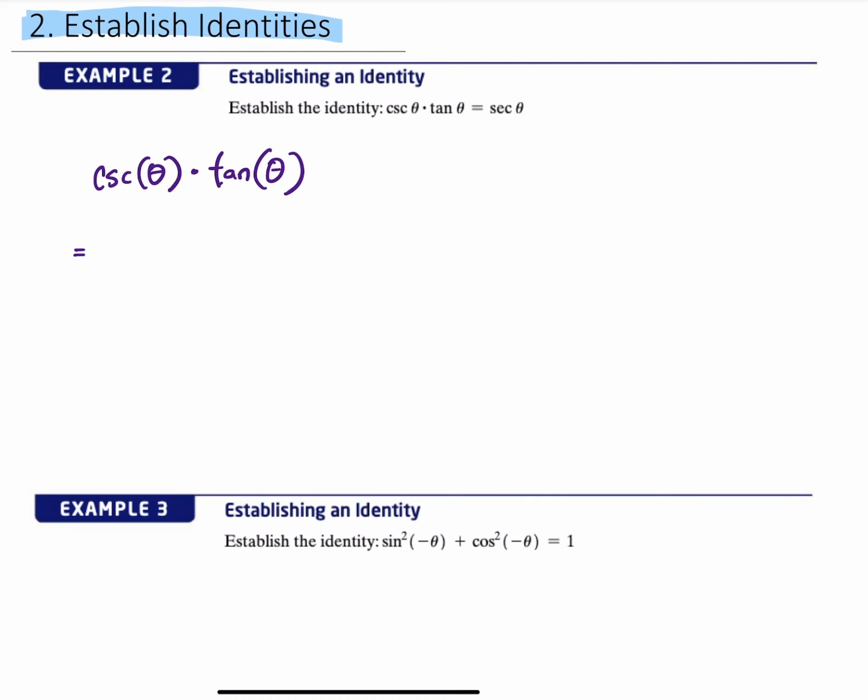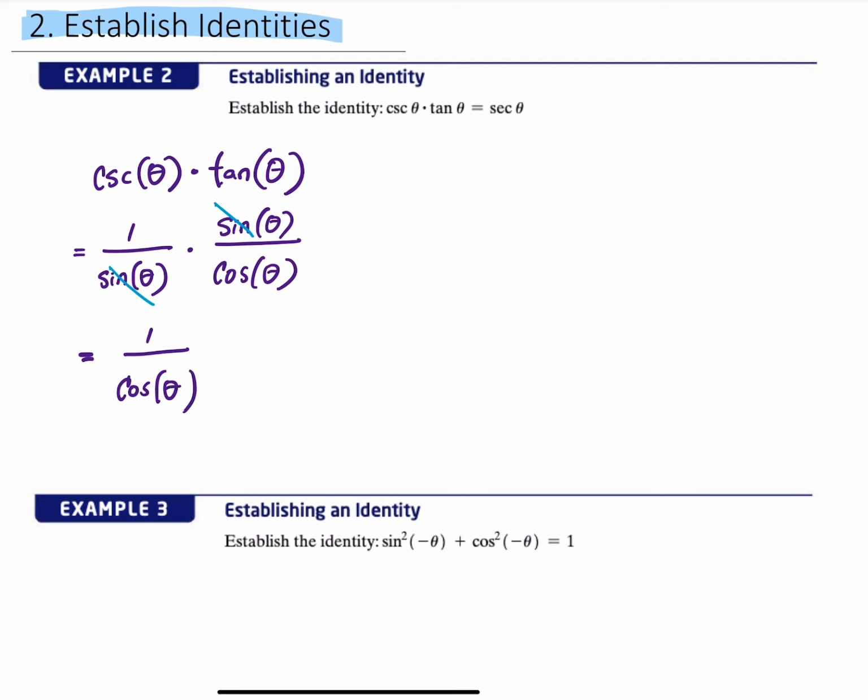The cosecant is 1 over the sine, and the tangent is sine over cosine. Notice those sines will cancel. We have a sine on top and the bottom. So we're left with 1 over cosine. And 1 over cosine is the reciprocal identity of the secant.